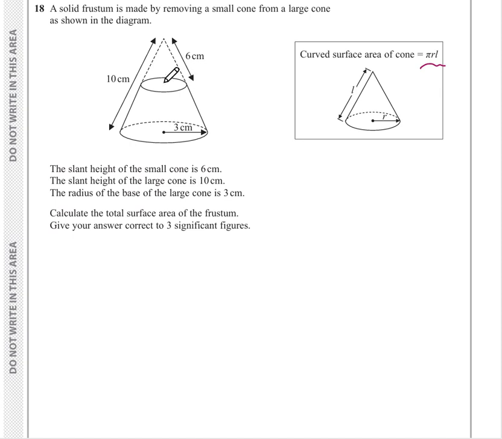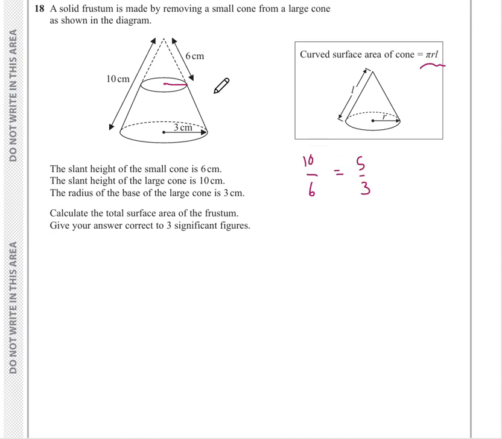What we could do, before we start, is work out the radius of the top of the frustum, or the base of the smaller cone. If you look at these, they're going to be similar triangles. So our scale factor here is going to be 10 over 6, which is 5 over 3.